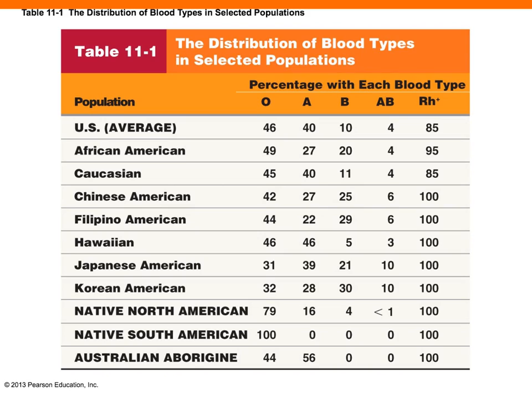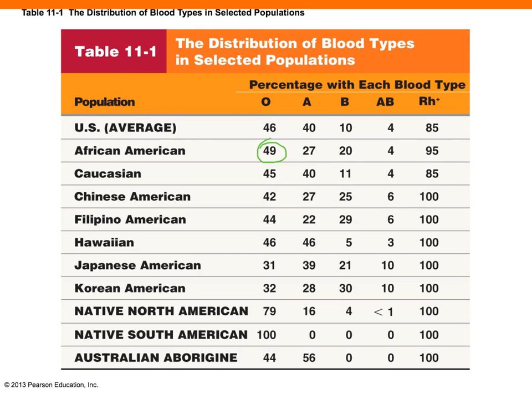This is just an informational slide for you to look at the distribution of blood types of selected populations, and perhaps you could even compare yours to this. In our lab, I found out that I was O positive. So here I am. The U.S. average, of course, leans towards O, but African American, O positive. So it looks like I'm in the majority there. Remember, this is genetically determined.